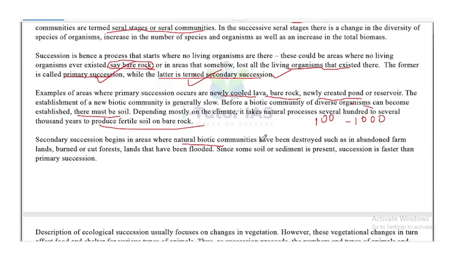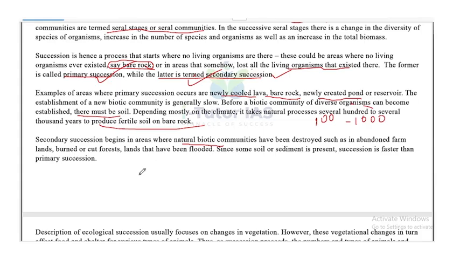So, if a forest fire happens in an area, all the biotic communities will be lost, but the soil is already present in that area. So the succession is faster than primary succession.